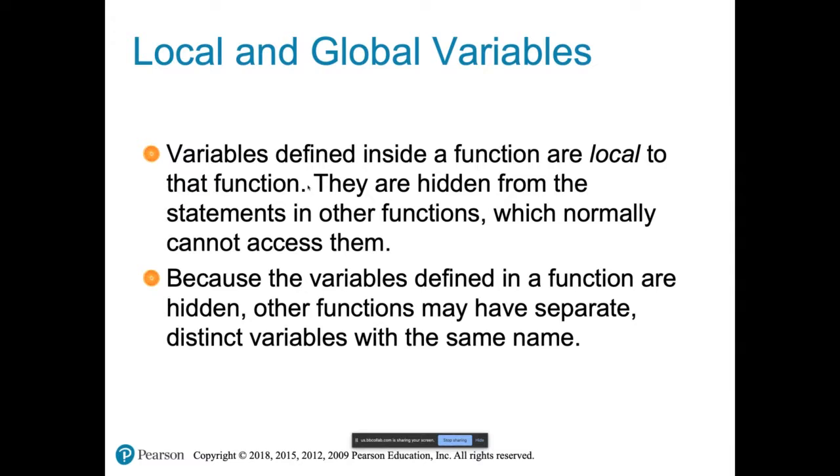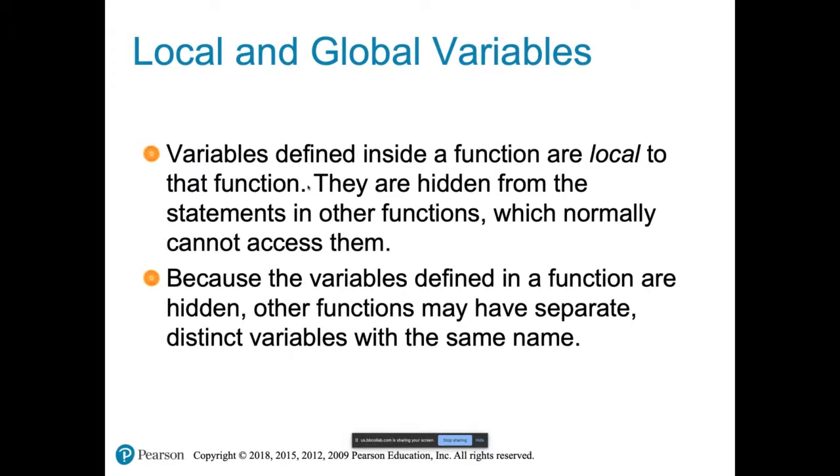Give a function as much information as it needs to do its job, but nothing more. Because if you have global variables, anyone running the program has access to it. So do not write any global variables. If you do, you'll be marked down heavily.